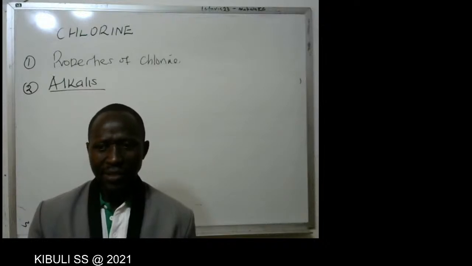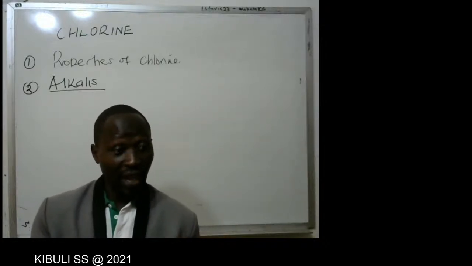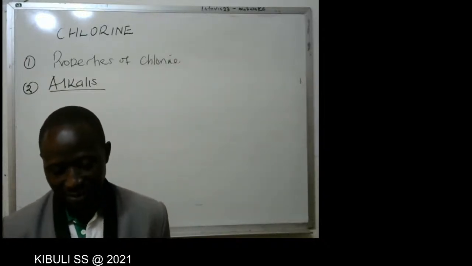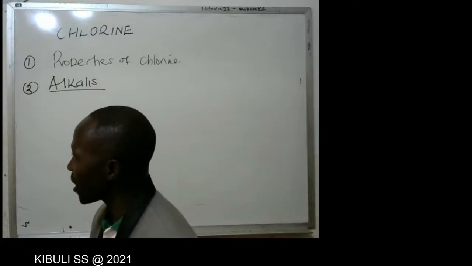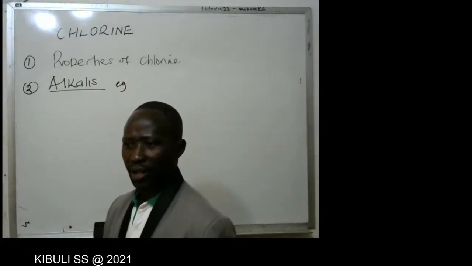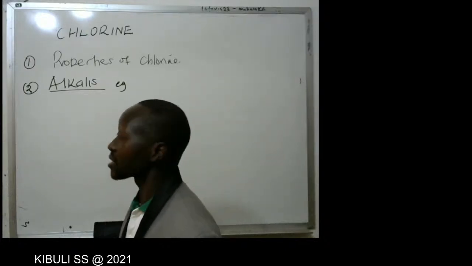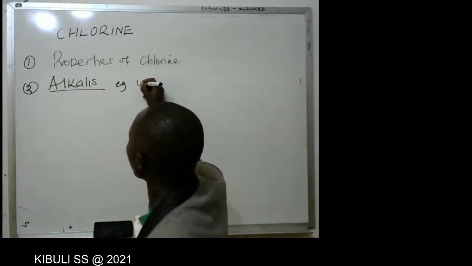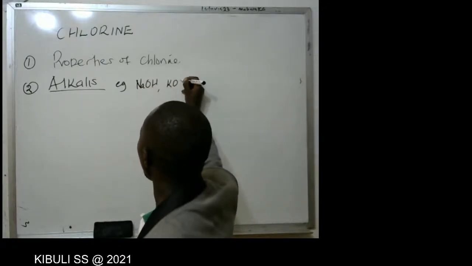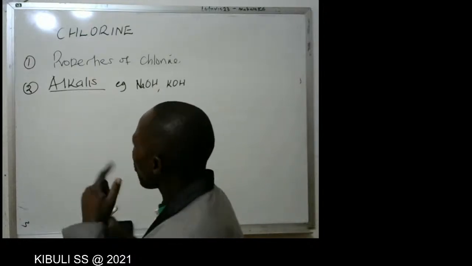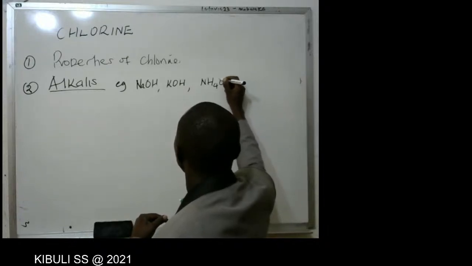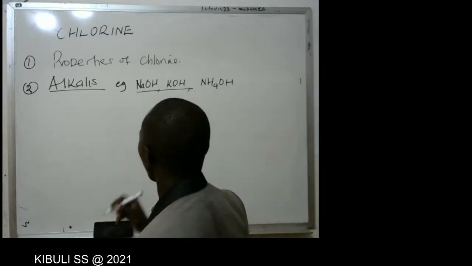A substance which when dissolved in water produces hydroxide ions as the only negatively charged ions. So give me examples of alkalis. Two common examples of alkalis include sodium hydroxide and potassium hydroxide. There will also be another one later, which is ammonium hydroxide. But I'm saying common ones.